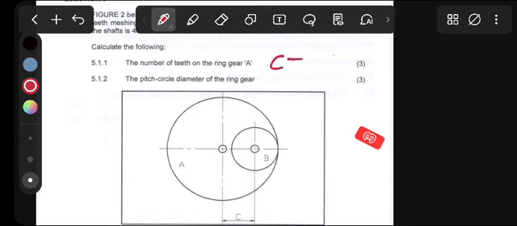Center distance, as we know, most of the time you'll calculate it like this: center distance equals module divided by 2 times the teeth of A. But remember, it's internal, guys. If it's internal, it becomes minus. Please do not make a mistake and say plus.